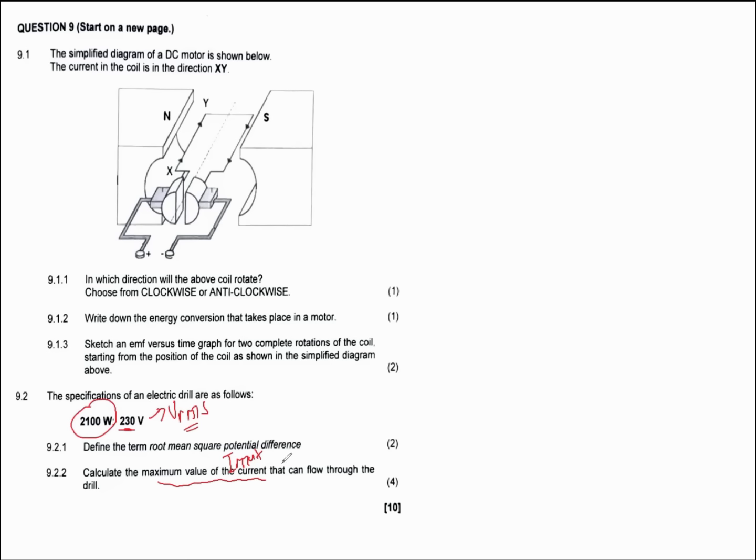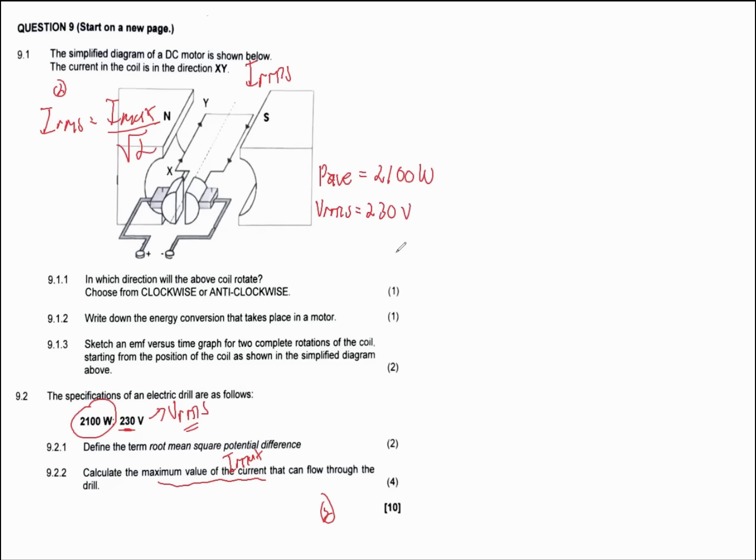So to calculate the maximum current for this, we have to apply two formulas. The first formula is to find the IRMS. Then from finding the IRMS, we can use the second formula to calculate the Imax, right? With the data that we are given here, power average is 2100 watts, and the VRMS is 230 volts.